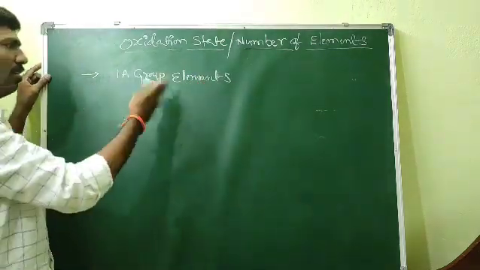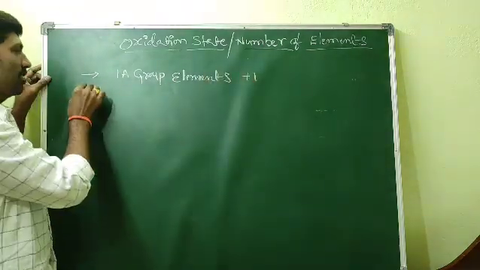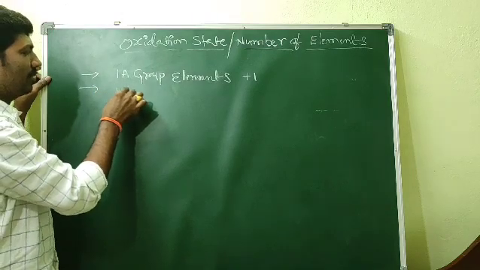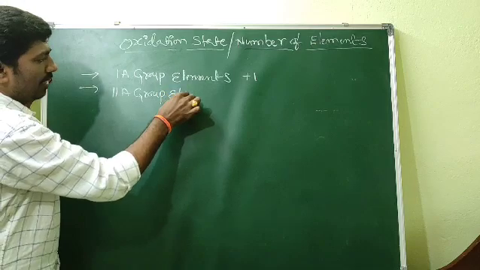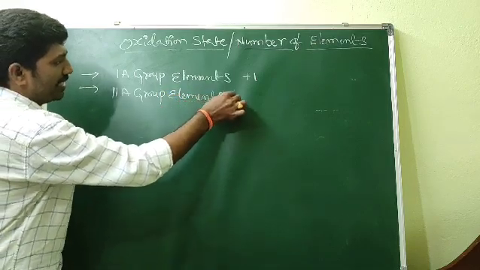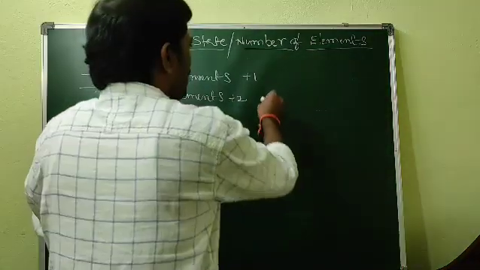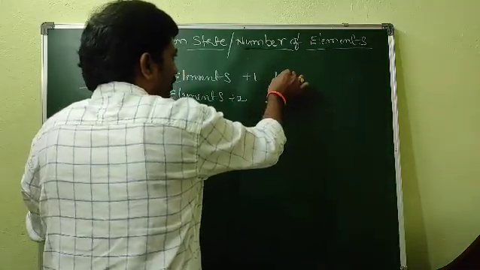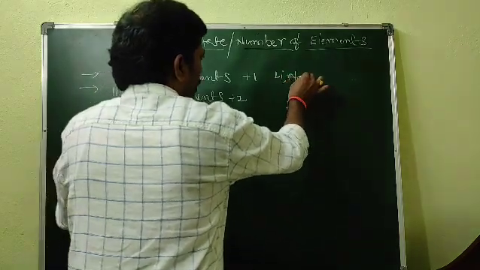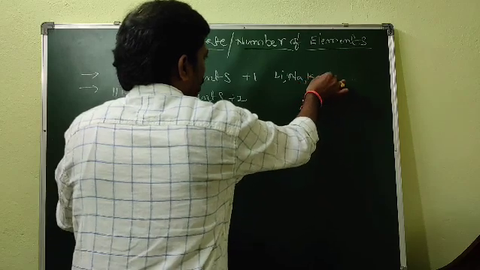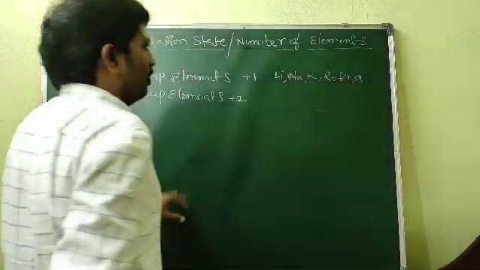First A group elements all have maximum plus 1 oxidation state. Second A group elements, oxidation state is plus 2. What are first group elements? Generally lithium, sodium, potassium, rubidium, cesium, francium, like these are first group elements.